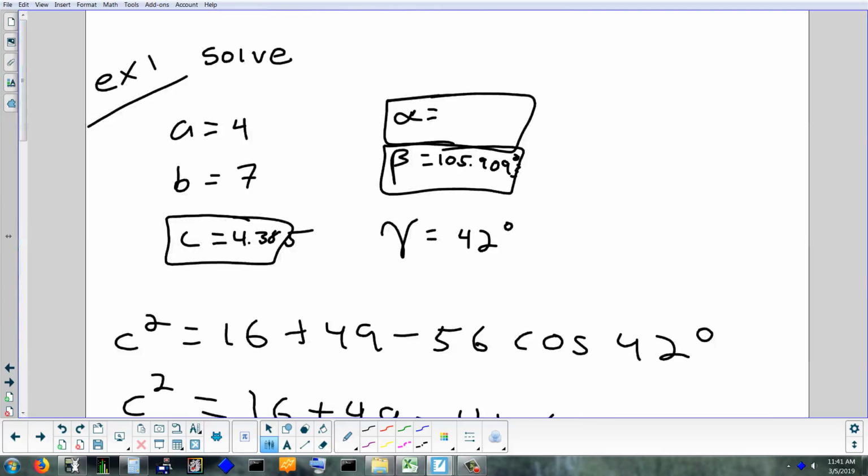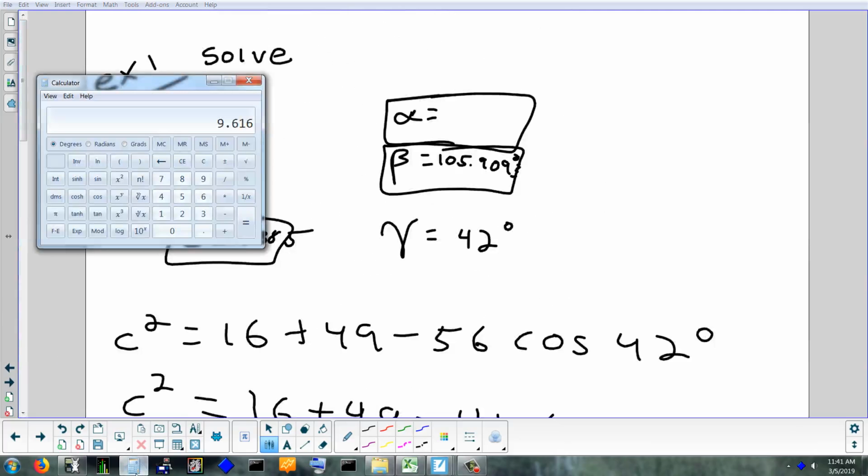And now to get alpha, I'm just going to add gamma and beta and subtract from 180. You could find alpha the same way, but I'm just going to add up the two and subtract from 180. 180 minus 105.909 minus 42.